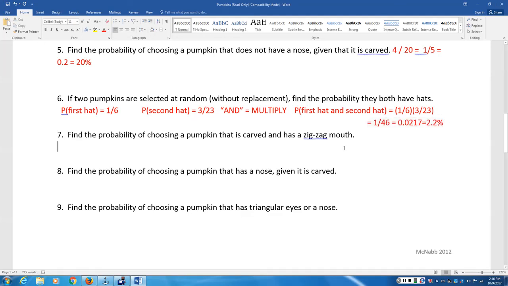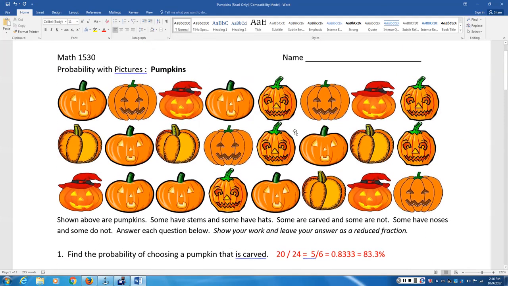Find the probability of choosing a pumpkin that's carved and has a zigzag mouth. I count 9.